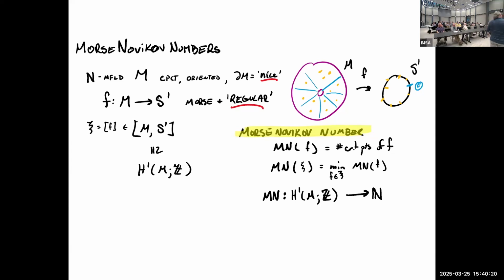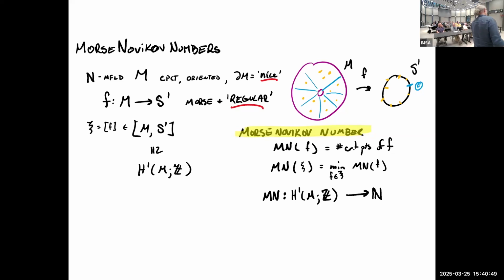That gives us a count for the homotopy class of maps to the circle. And in fact, that's just first cohomology. So we end up with a function from the first cohomology of your manifold to the natural numbers. It's counting critical points. It's giving you some sort of complexity on your cohomology.